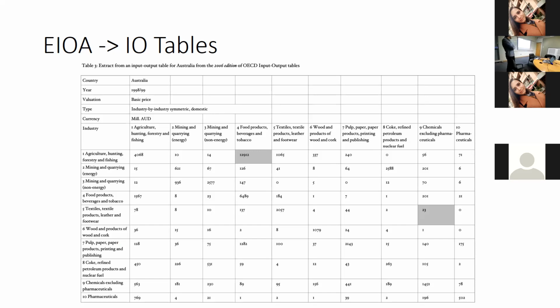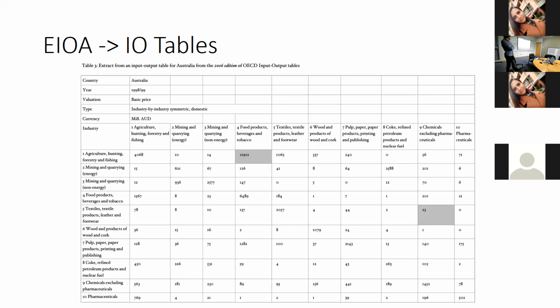Right, and it depends on how detailed your sectors in the economy are described, but in the end, you have a very full picture of how your domestic economy is operating. At the same time, you can argue that every column is basically the production recipe of that industry. What does that industry need to operate? Where does it get the resources and the services from, right?